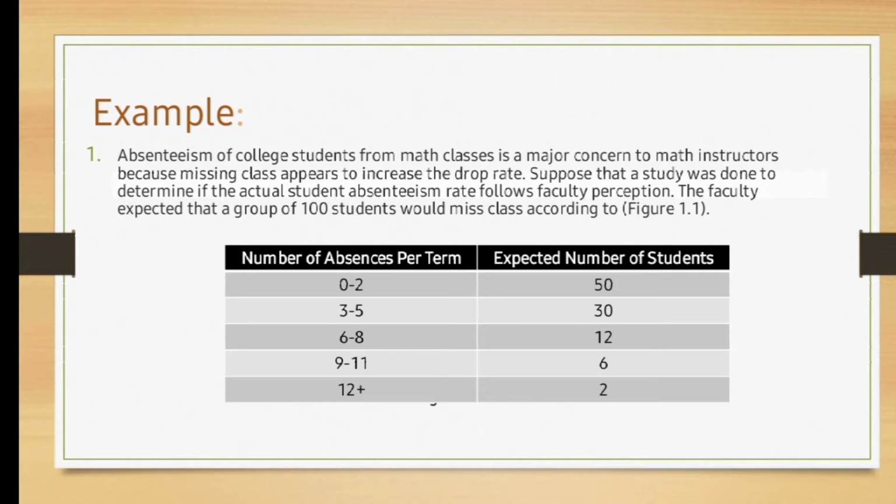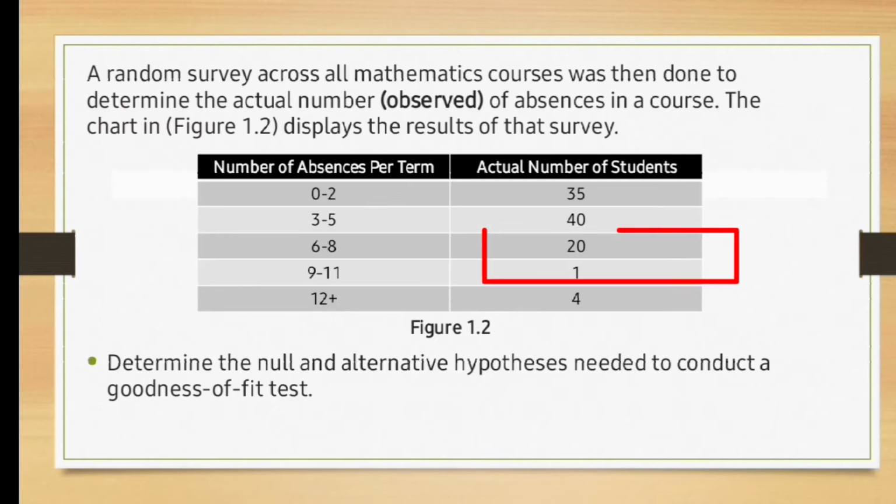The faculty expected that a group of 100 students would miss class according to this figure. We have here the number of absences per term and the expected number of students. A random survey across all mathematics courses was then done to determine the actual number, which is our observed value, of absences in a course.